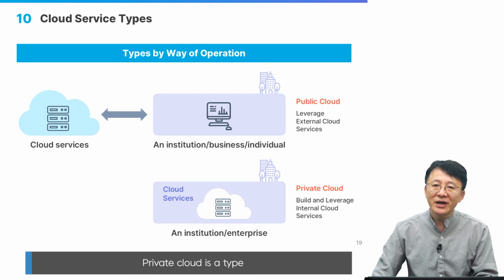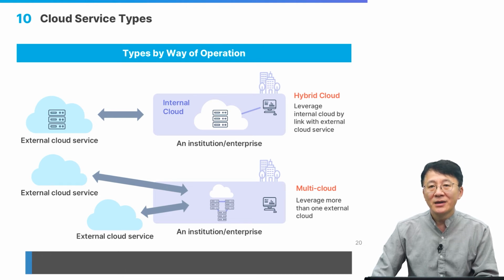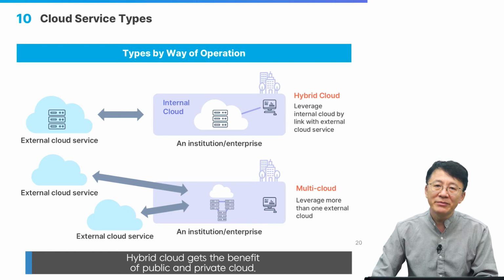Private cloud is a type that companies or institutions build and use cloud internally, and the private cloud provides a limited service to insiders and has a benefit of customizing their requirement. Hybrid cloud is a type that combines private cloud and public cloud for cost reduction and agility. Hybrid cloud gets the benefit of public and private cloud.